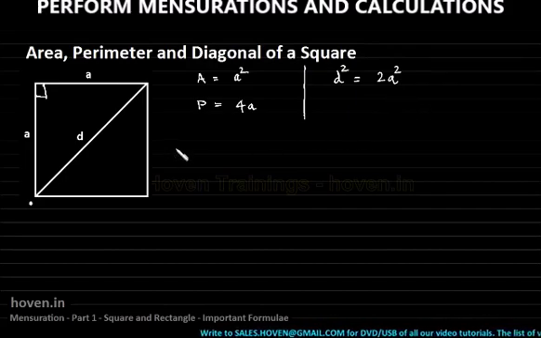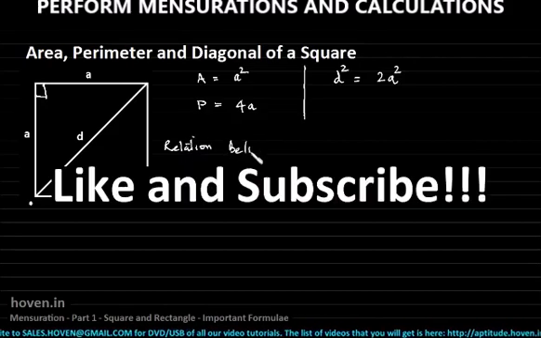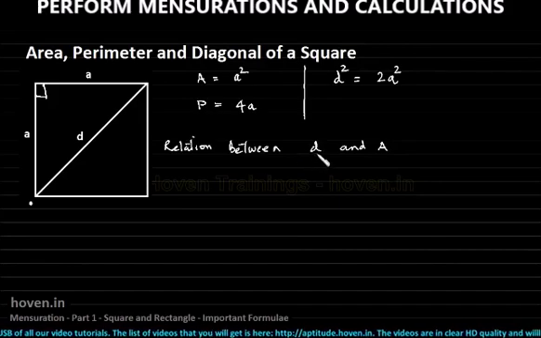We can now establish a few useful relationships. For example, we'll write the relation between D and A, the diagonal and the area. We know that D square is equal to 2A square.